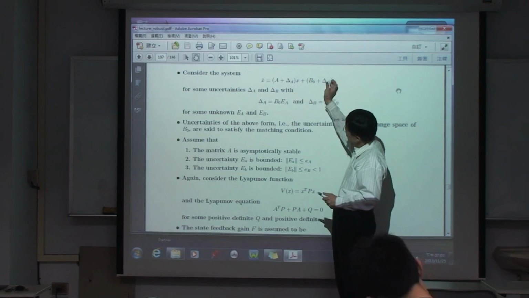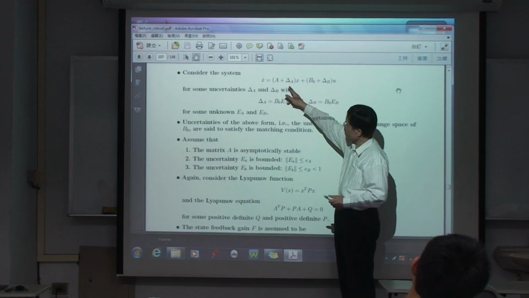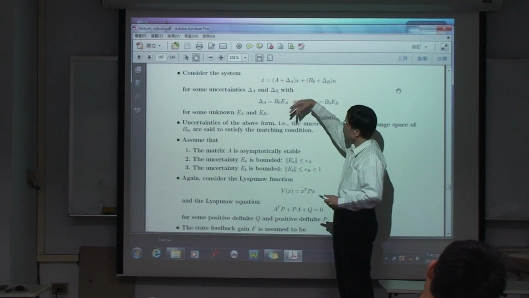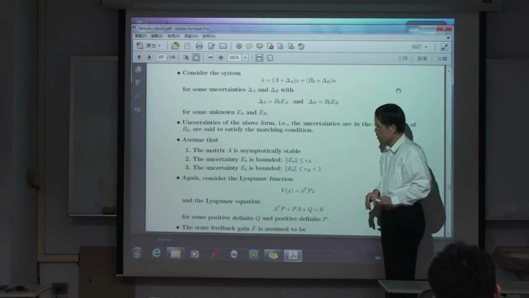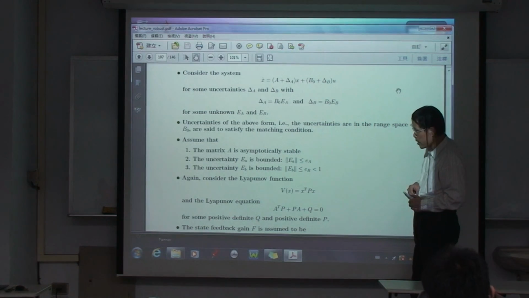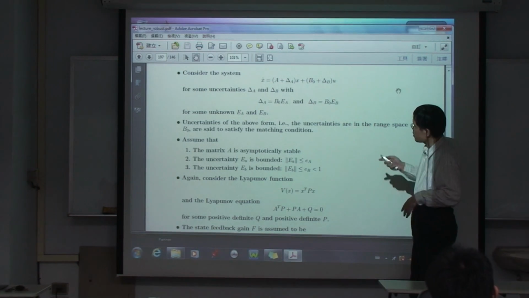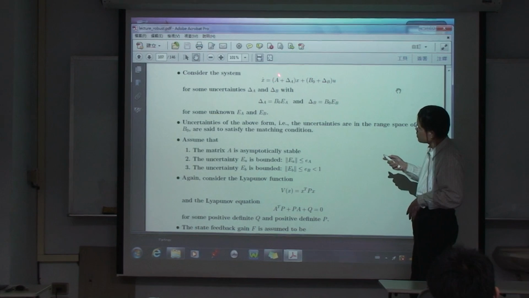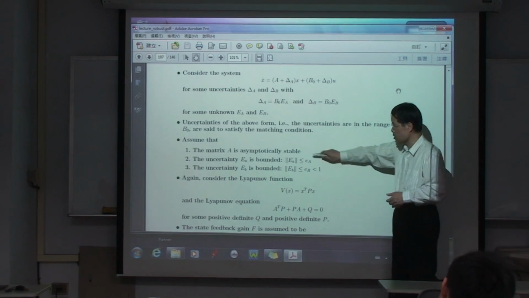And in that case, you can then introduce a state feedback, making this A plus B0 F. So you could then stabilize this A. So we call it without loss of generality. Because suppose original A is not stable, that's okay. You can then apply a state feedback so that A plus B0 F is stable, and then A is replaced by A plus B0 F. So this assumption can be made without loss of generality.